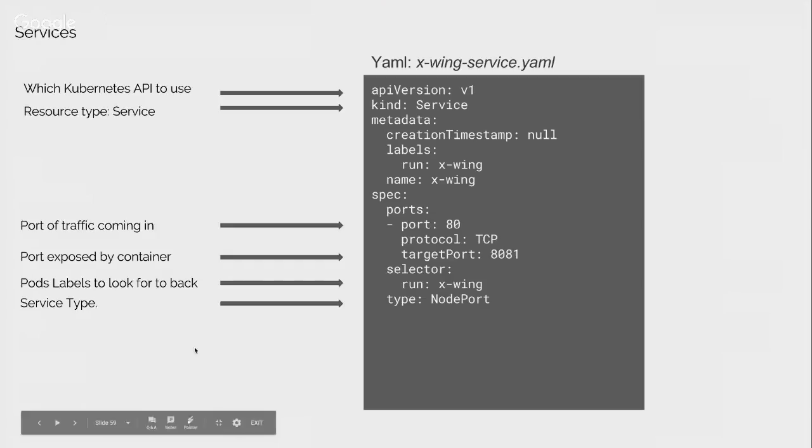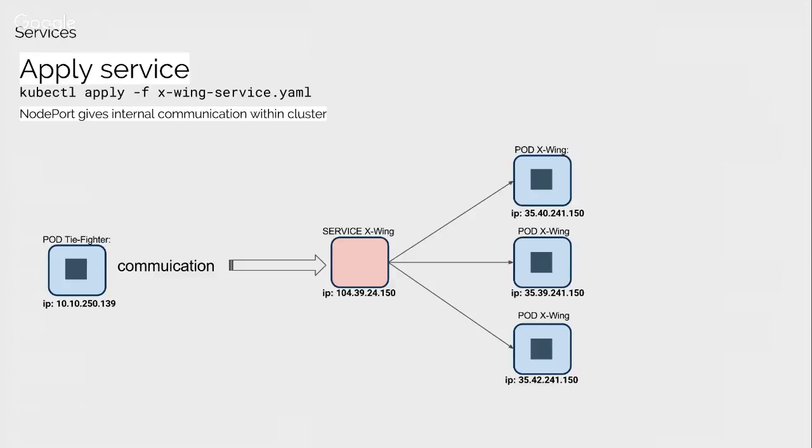And then down on the bottom, this is the service type. There are 3 different service types, but here we're creating a node port. Again, you use your kubectl command line, you apply that service, and it's going to create that service.